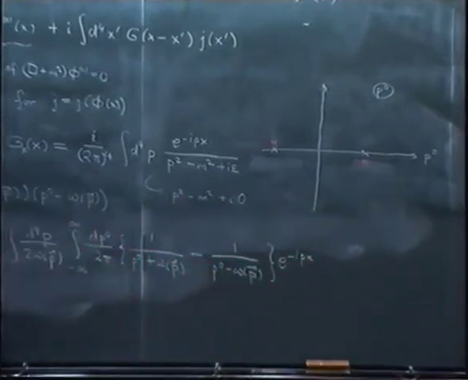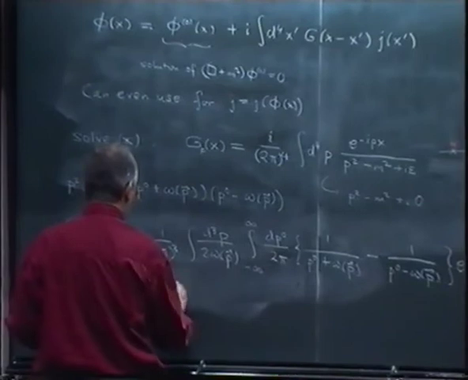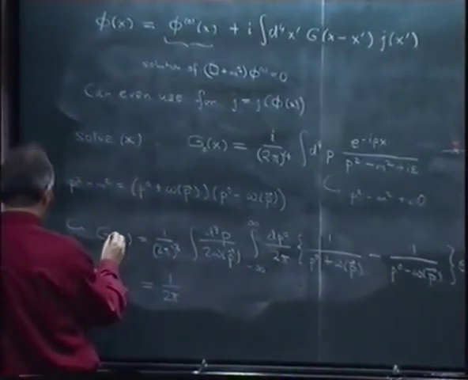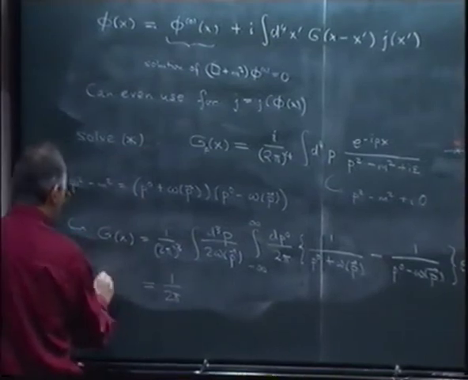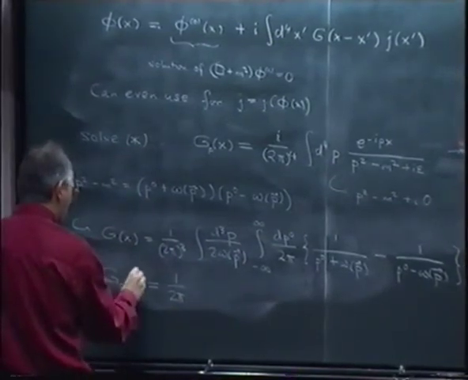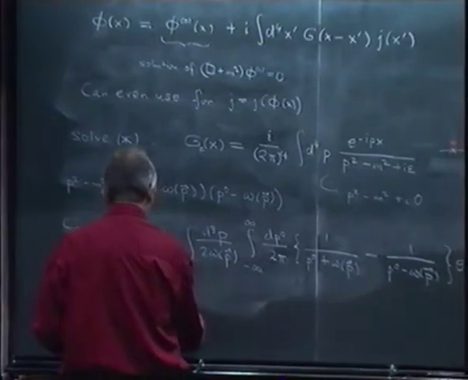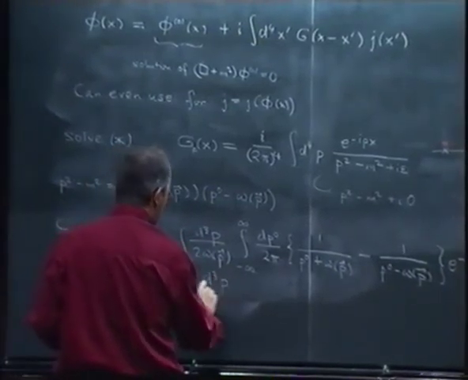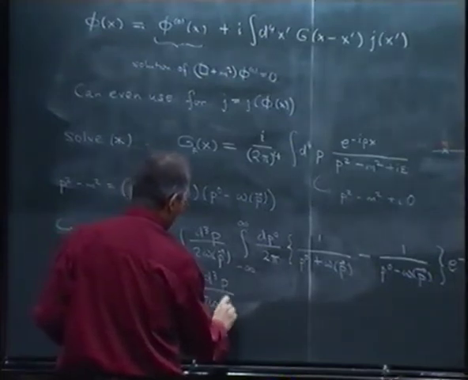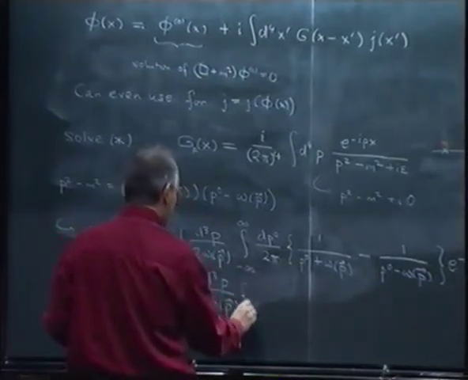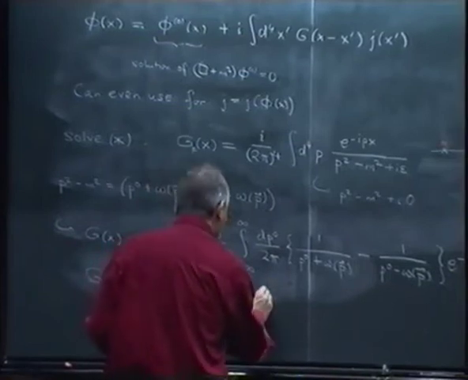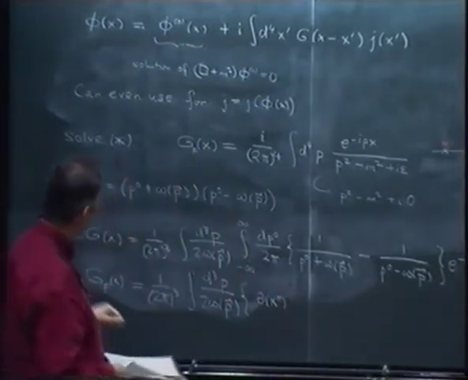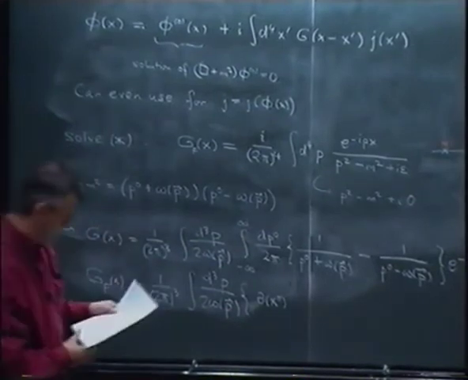this comes out to be the following, namely 1 over 2 pi. So this is now, for Feynman, G_F of x is equal to 1 over (2 pi)^3 integral d^3p divided by 2 omega of p times, well, there's now a theta function here. This is the contribution that you get if the time coordinate is positive.